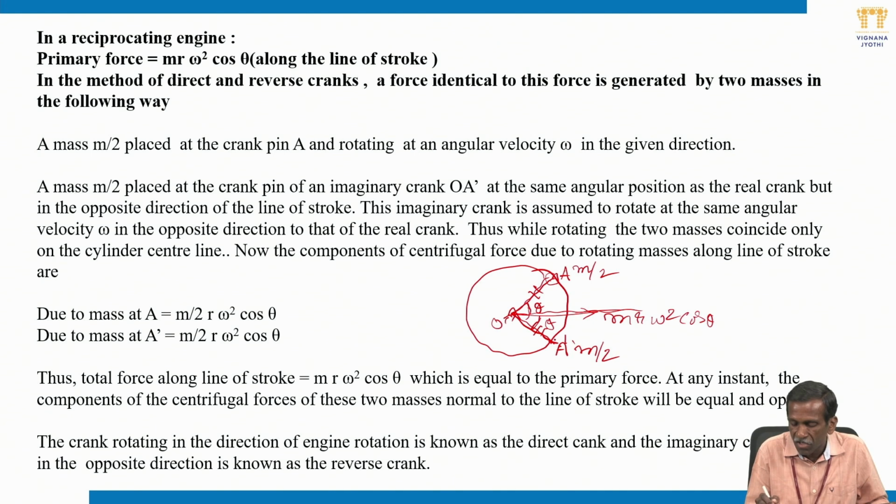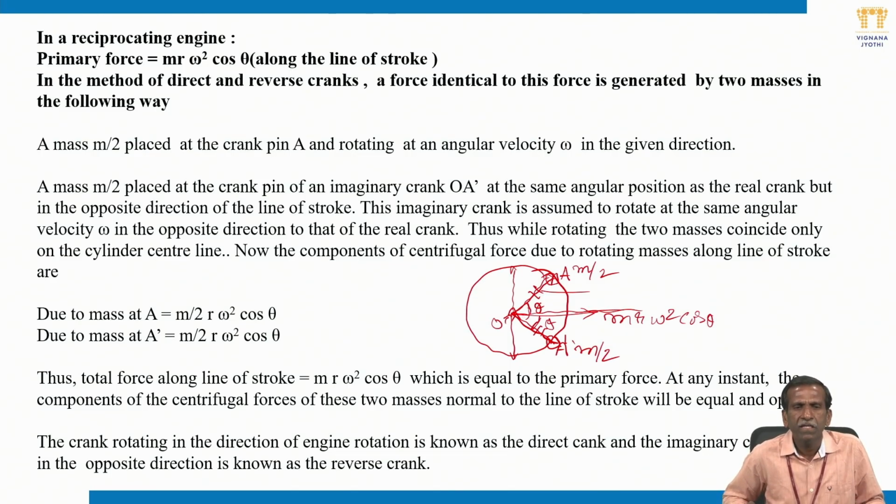These can balance the primary force. The centrifugal force perpendicular to the line of stroke, caused by attaching these masses, is nullified because of the direct and reverse cranks, so there is no unbalanced force.